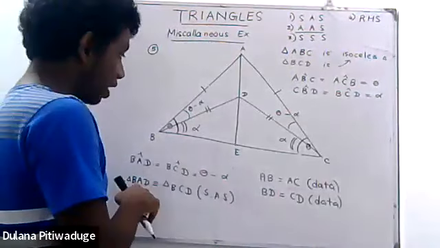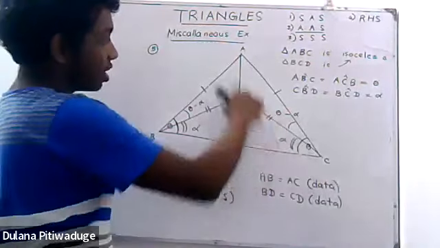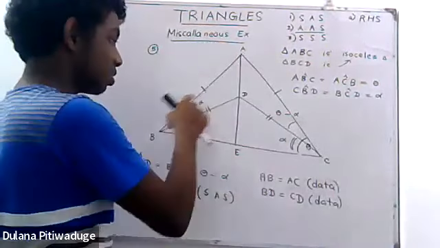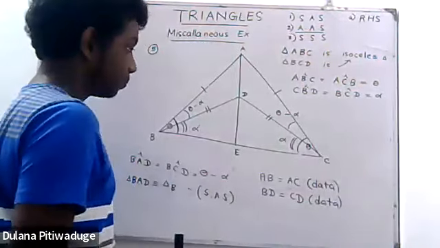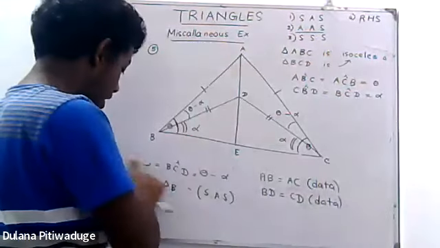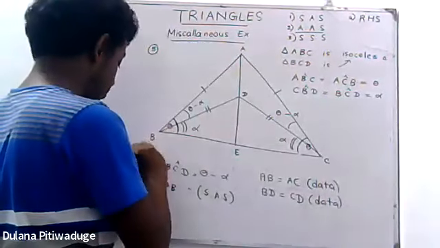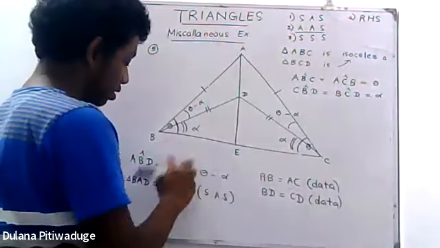I'm sorry, not BAD. Here it's not BCD. Here is this triangle over here. BCD is this whole triangle. It's angle BAD. Sorry, it's angle ABD. Here it's ACD.